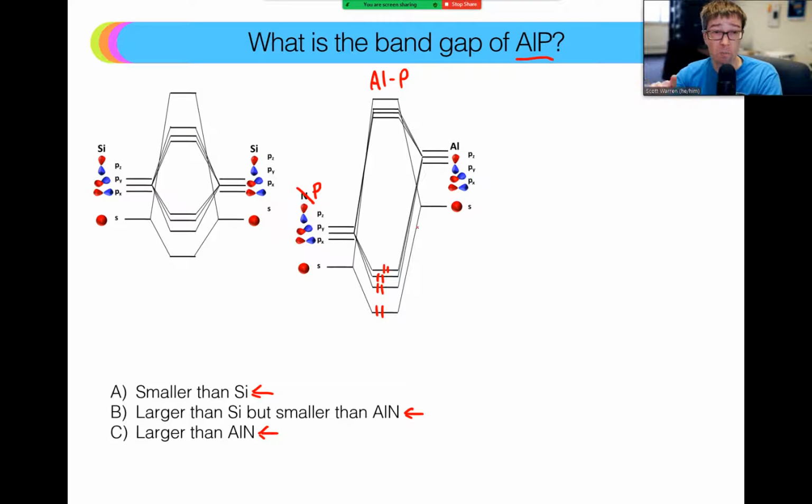Is phosphorus more electronegative or less electronegative than nitrogen? Okay, so we move down on the periodic table. Those electrons are held less tightly than in nitrogen. Phosphorus is less electronegative than nitrogen, and that shifts these energies up ever so slightly. In shifting up those energies, we also are going to shift these energies up slightly as well.